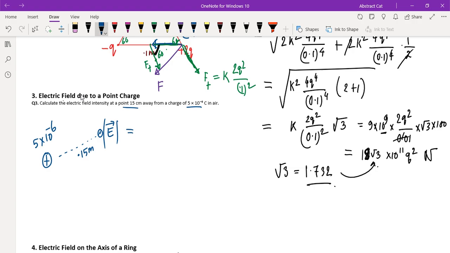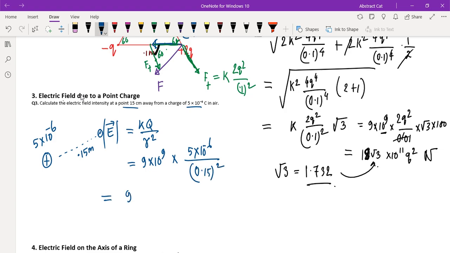So kq over r square. K we know that 9 into 10 to the power 9. Q value is given here 5 into 10 to the power minus 6, and here r square is 0.15 whole square. Now just calculation here.